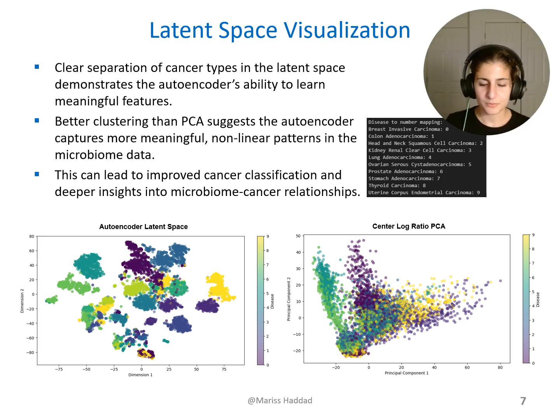So what's the interpretation of this? We're observing much better, much clearer, more defined clustering between the cancer types in the autoencoder latent space than we are in the PCA. Well, it could suggest that the autoencoder is able to capture very important nonlinear relationships, patterns in the microbiome dataset that the PCA can't capture because the PCA is linear based.